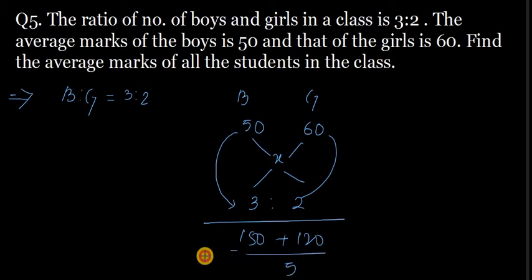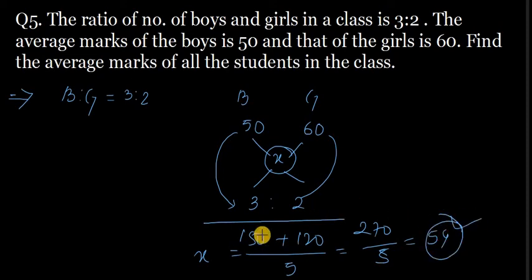So x is equal to 3 into 50 plus 2 into 60, divided by the sum of the ratio, equal to 270 divided by 5, equal to 54. So x is 54. What is x? x is the average marks of all the students in the class.